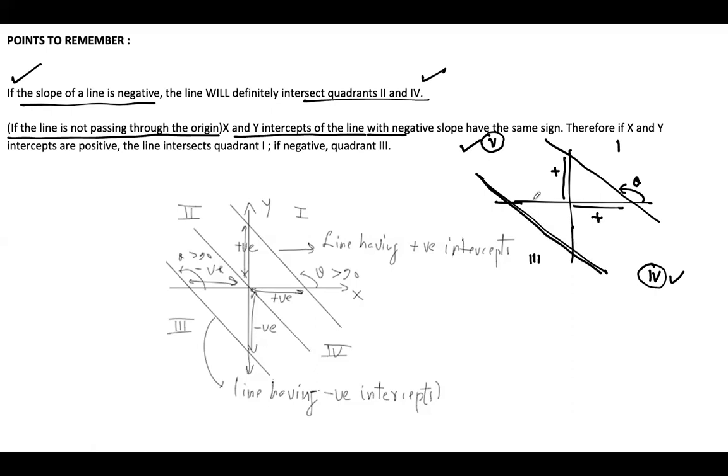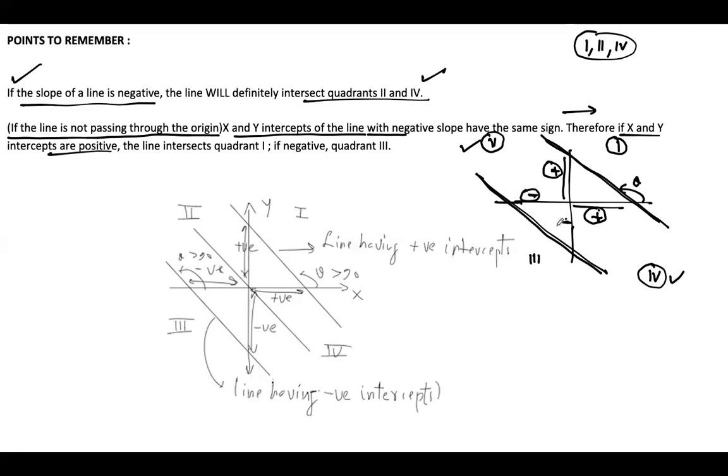Talking about this line, X intercept is negative, Y intercept is negative, but still they are of the same sign. More specifically, if X and Y intercepts are positive, that means the line is passing through quadrant 1, quadrant 2, and quadrant 4.